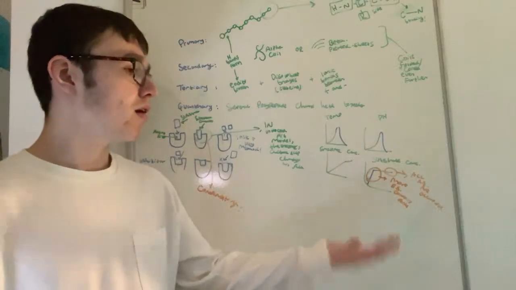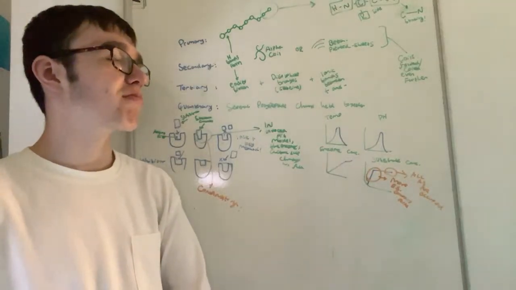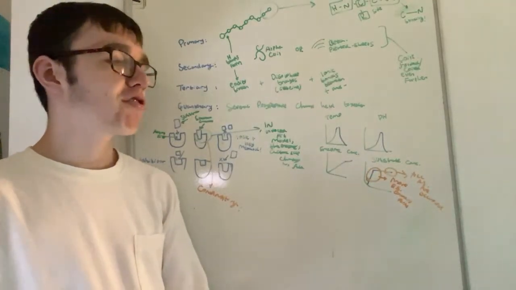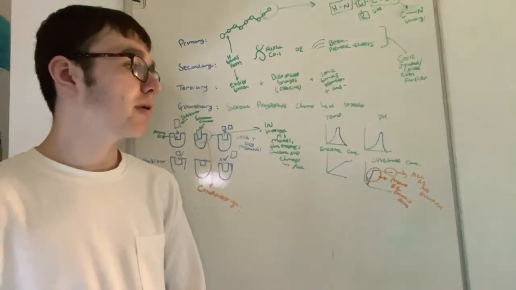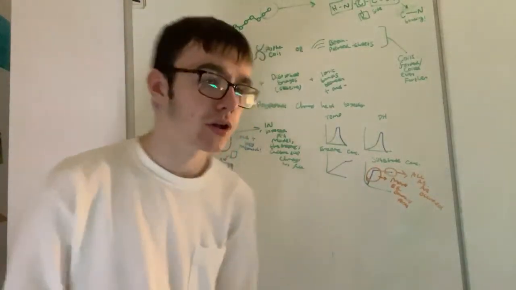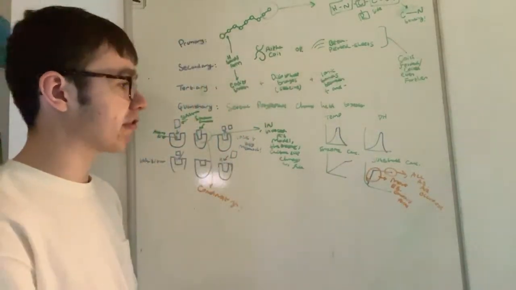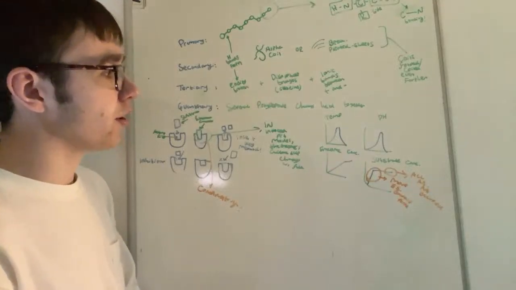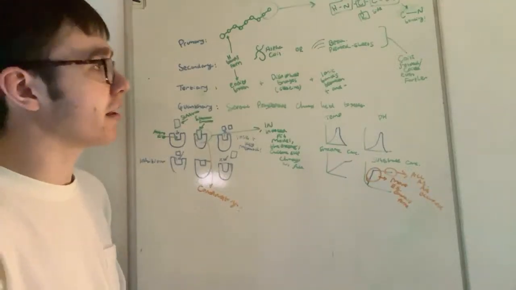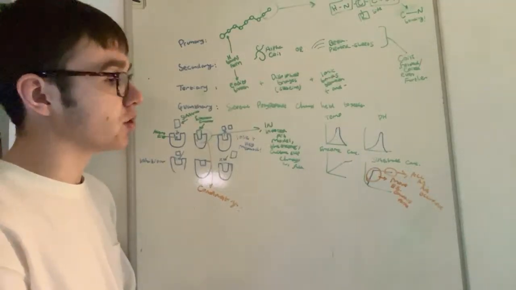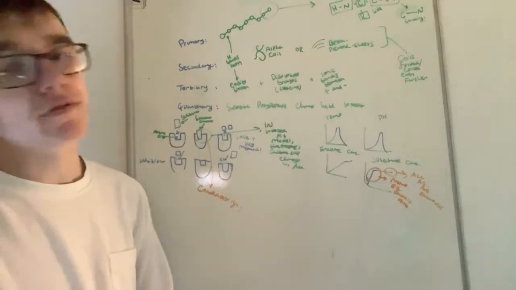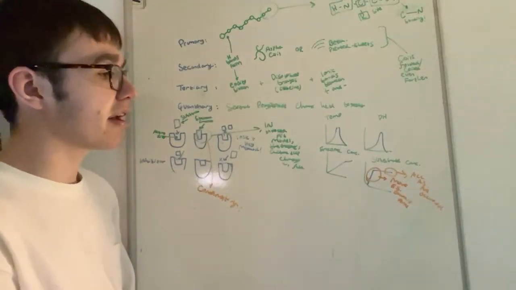To begin with, it's going to be happening quite quickly, because there's only a little bit of starch and a lot of amylase. Eventually, there will be a lot of starch and still a little bit of amylase, so it's going to take longer.